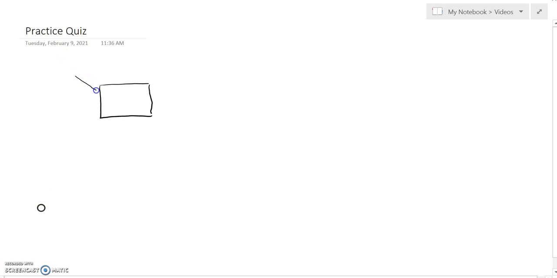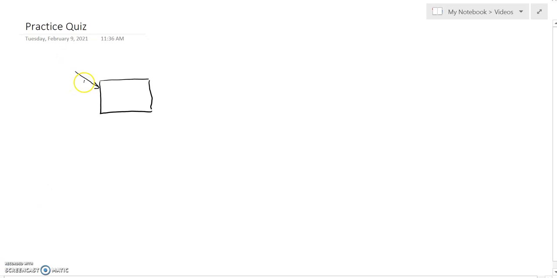Our practice quiz, we had an object that was being pushed at an angle of 40 degrees. The force was 150 newtons, on a rough surface.